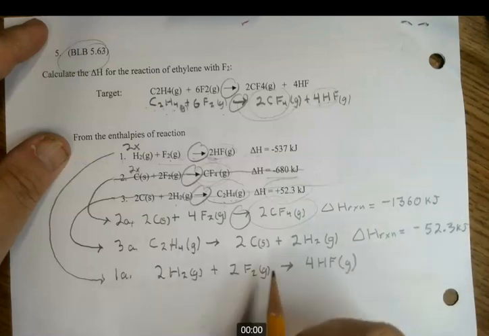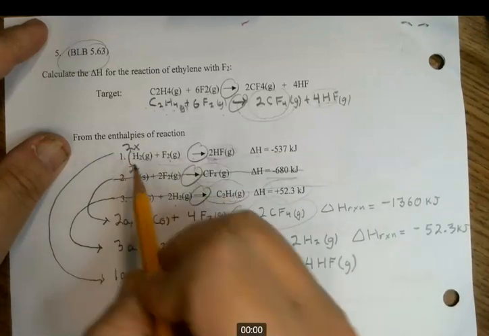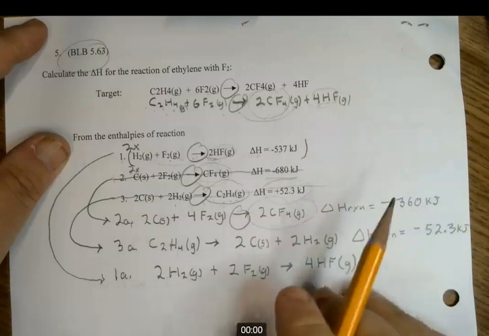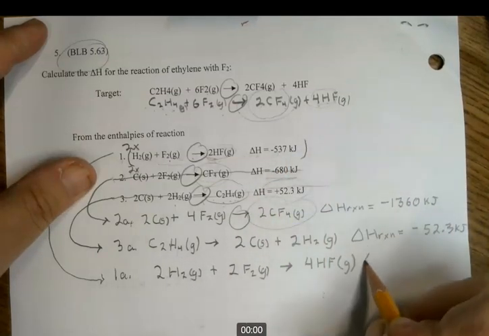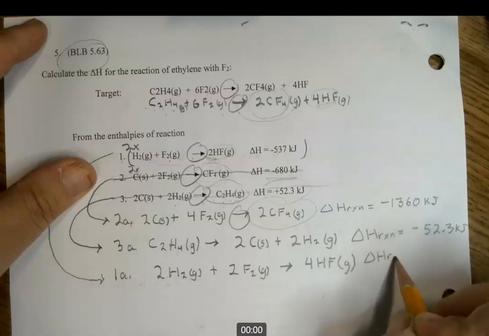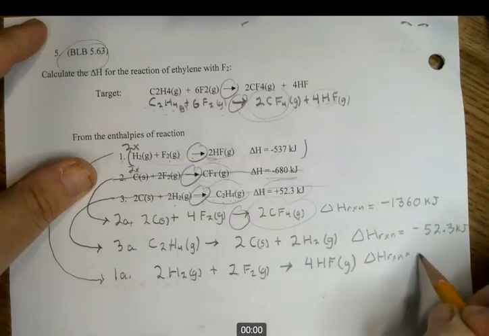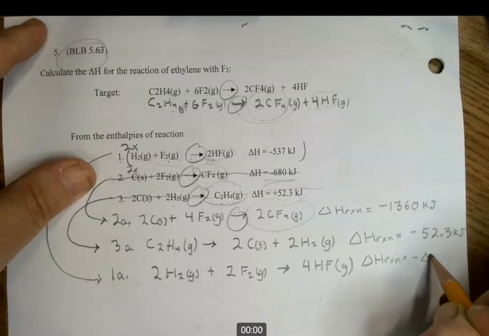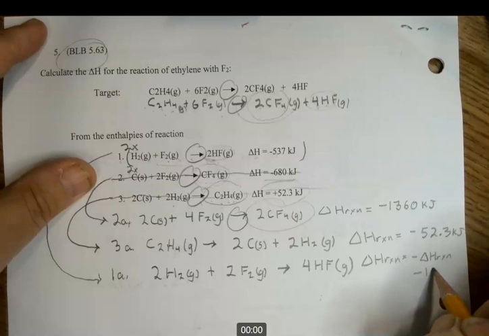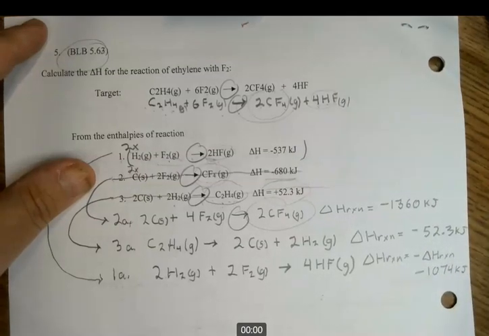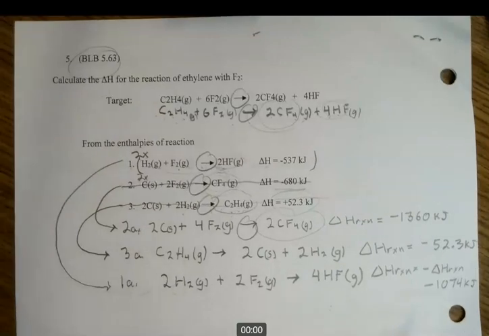So since I multiplied through, I didn't reverse the equation, I just multiplied everything through by 2. So this is going to be 1074 for delta H of reaction. And that's kilojoules. Okay, so let's see where I stand.